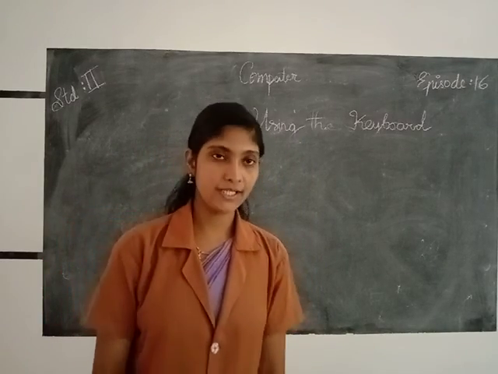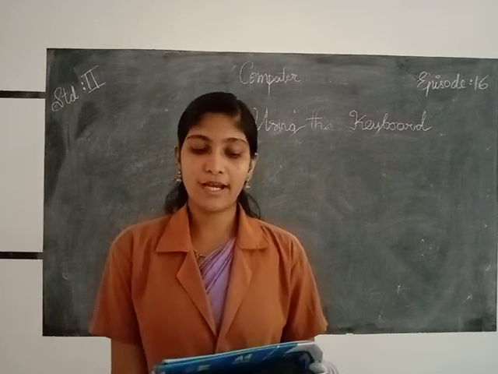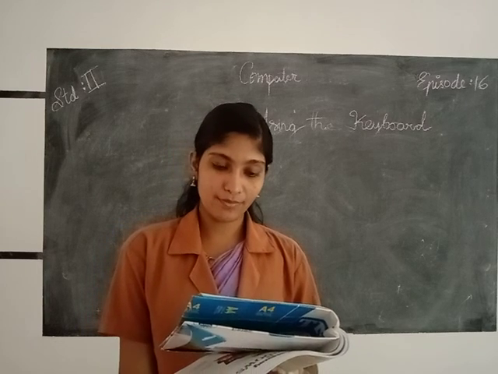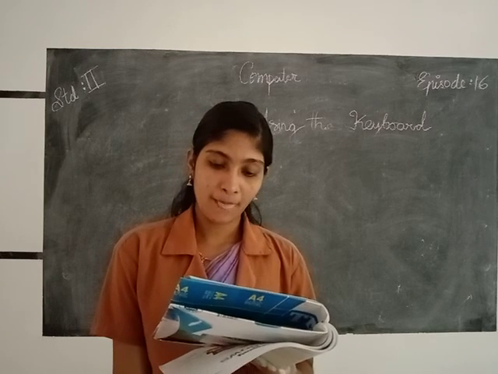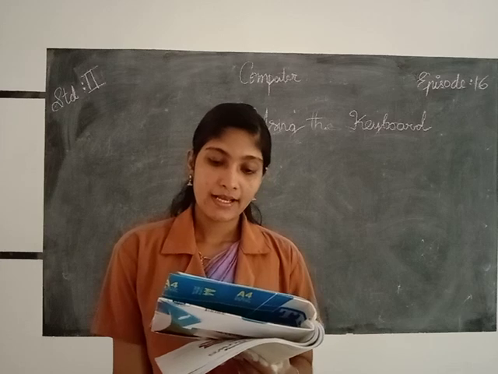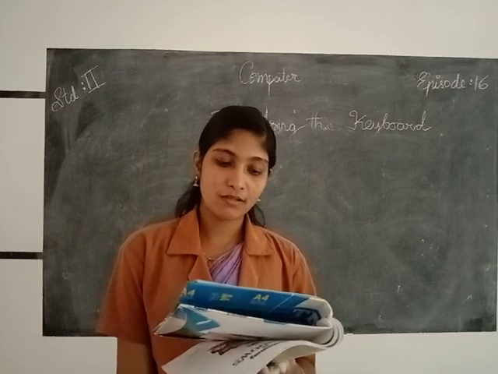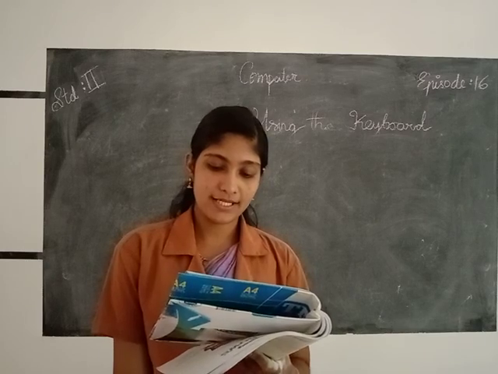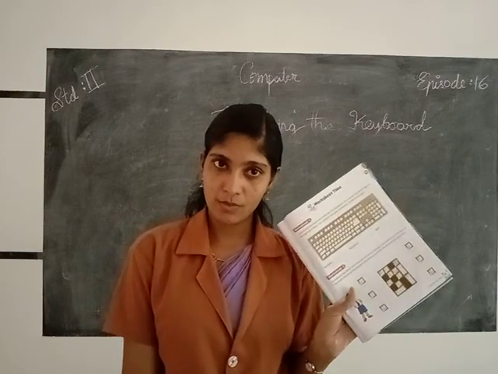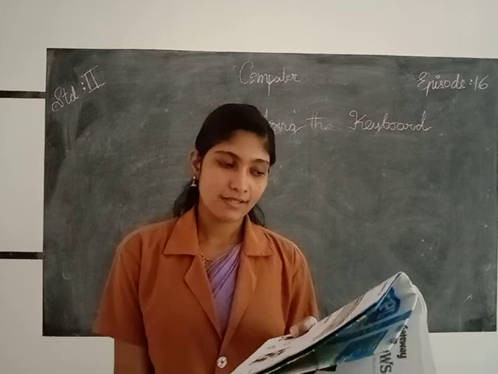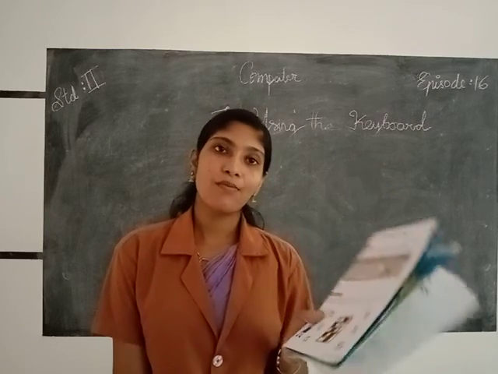Worksheet number 1. Look at your keyboard and write any 5 alphabets, 6 numbers and 7 signs in the space provided, using commas in between. Look at the keyboard on page number 63 and write any 5 alphabets.